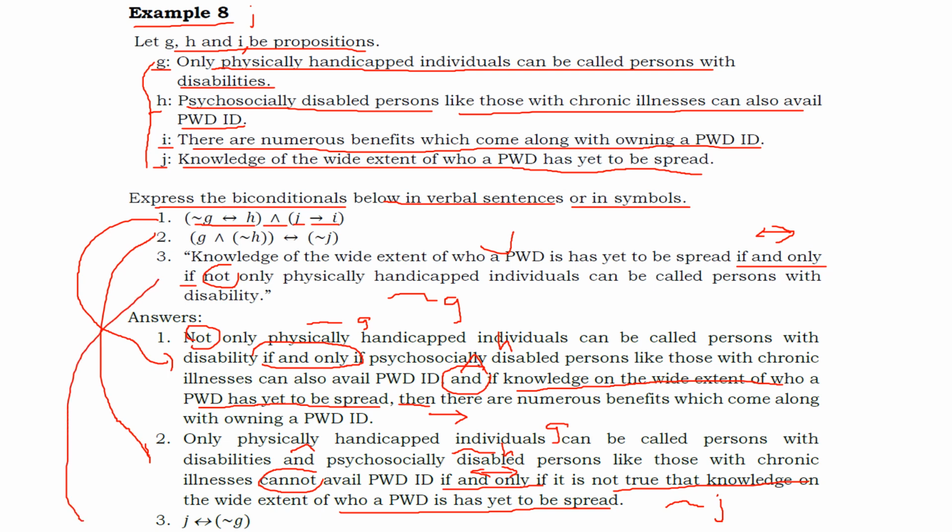And this will be the symbol for this statement: J biconditional negation G. So that's how we deal with your biconditional, dealing with your conjunction, negation, disjunction. With this, we learn a lot of things about these logical operators: negation, disjunction, conditional, and biconditional.